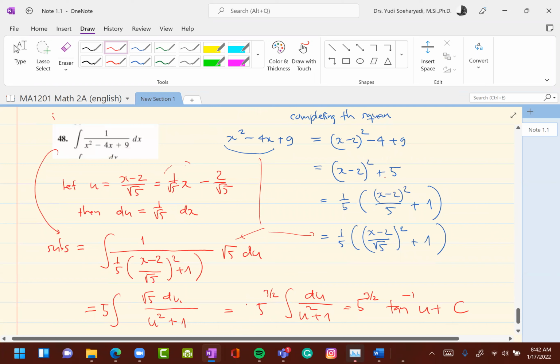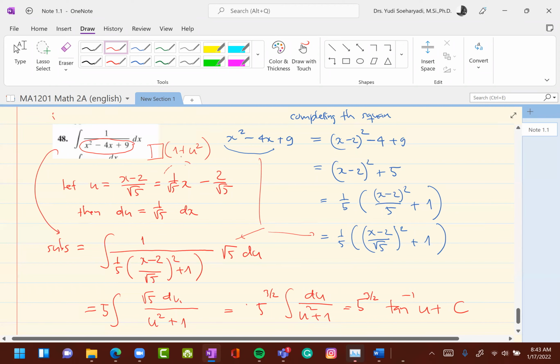The idea is to write this down as a multiple times 1 plus u squared. So it should be 1 plus u squared.